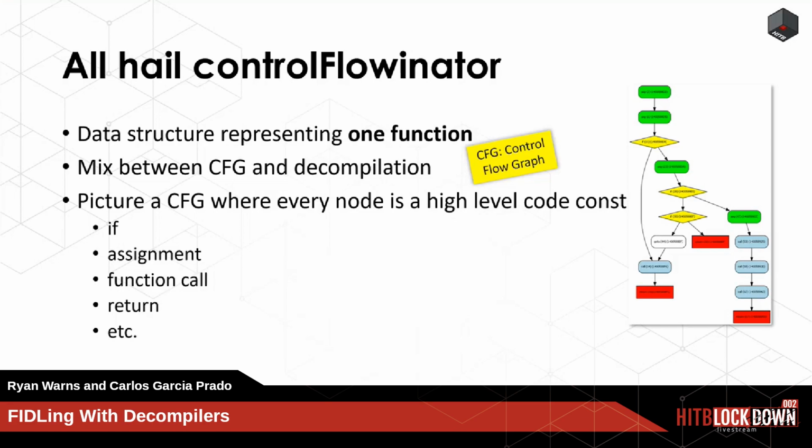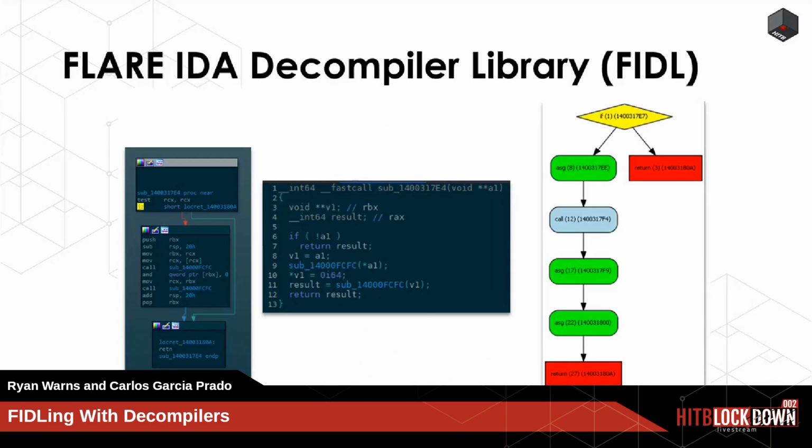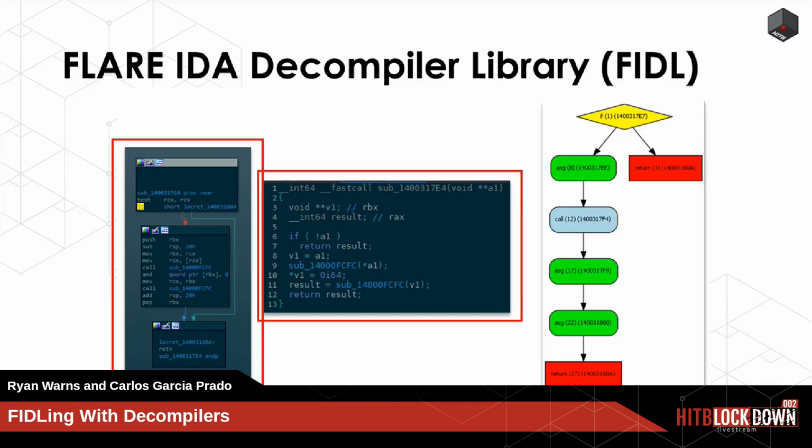So when you are debugging it, it looks something similar to this. If you have been using IDA, you are used to this representation, a control flow graph where you're deep into the binary just looking at the assembly instructions, or, if you're lucky enough to have the decompiler plugin, then you are used to this.